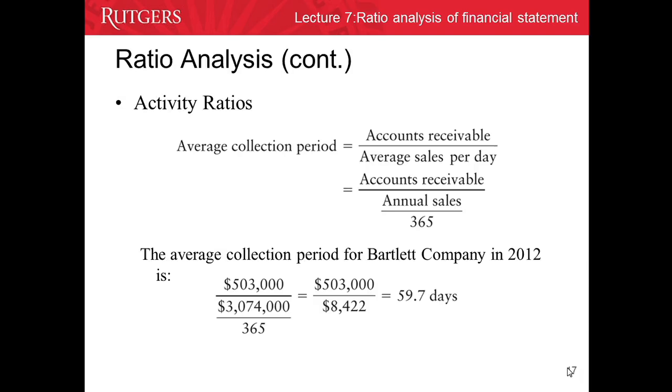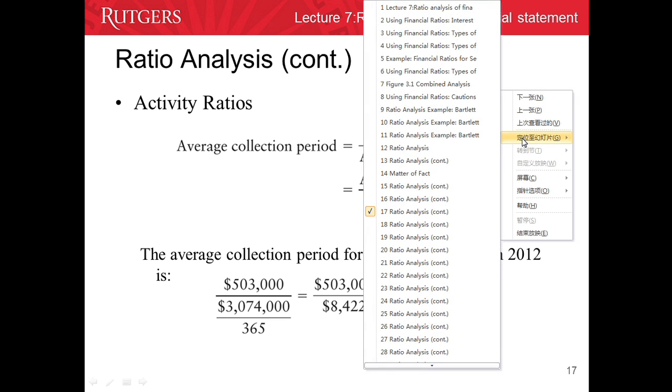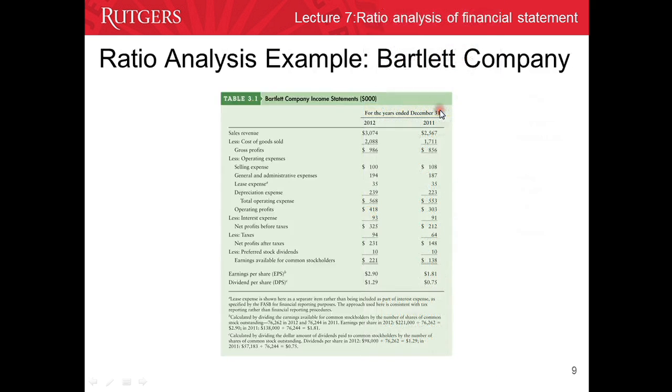Another activity ratio is average collection period, which equals the accounts receivable divided by the average sales per day. Average sales per day equals the annual sales divided by 365 days. In this case, we first calculate the average sales per day. First, we find the annual sales in the income statement, which equals $3,074,000.